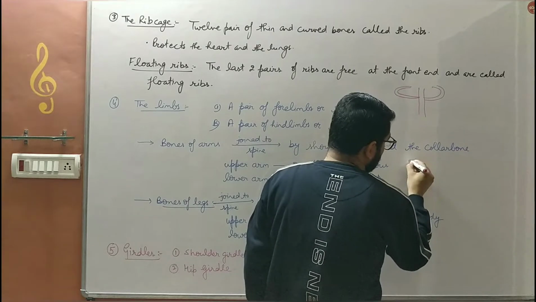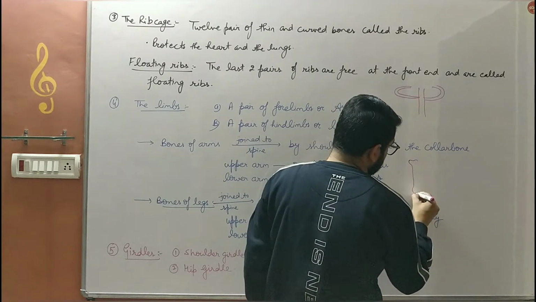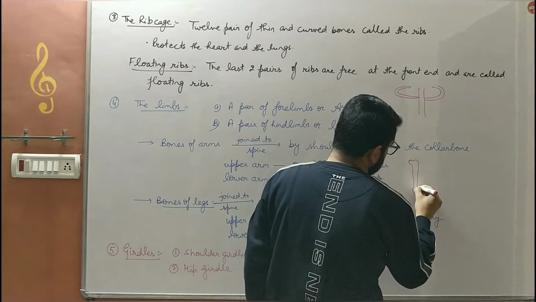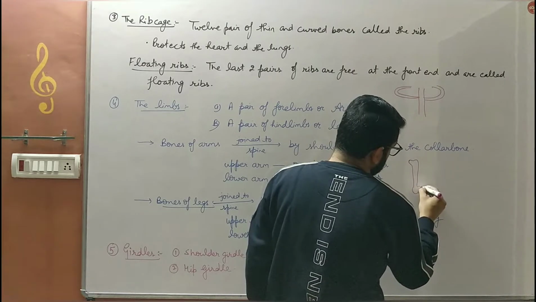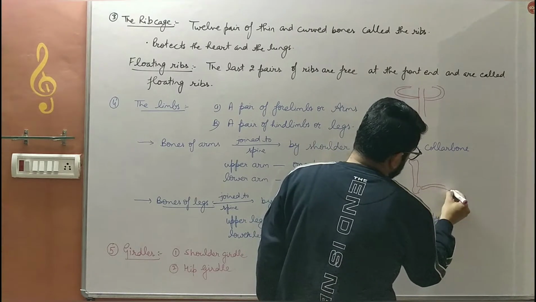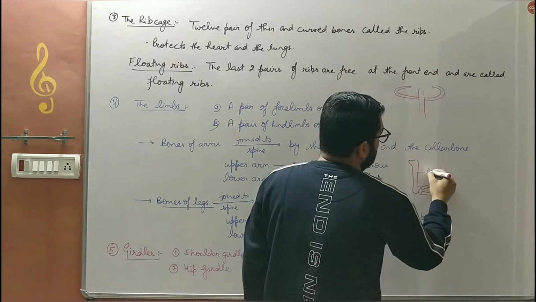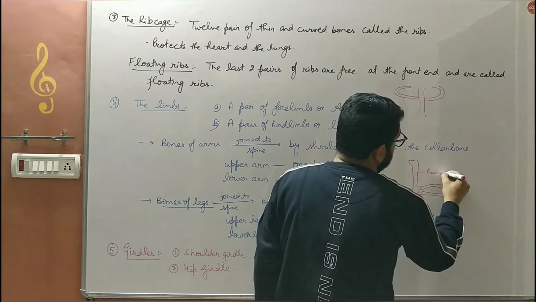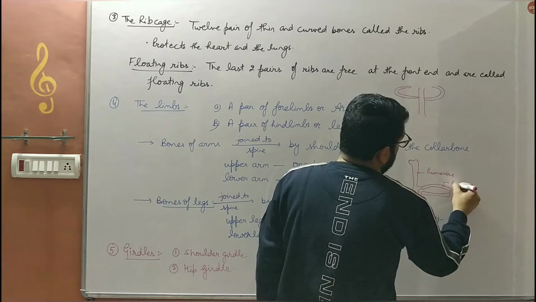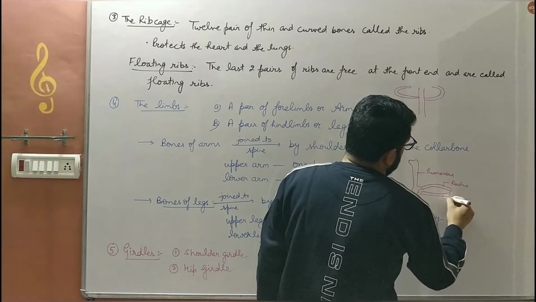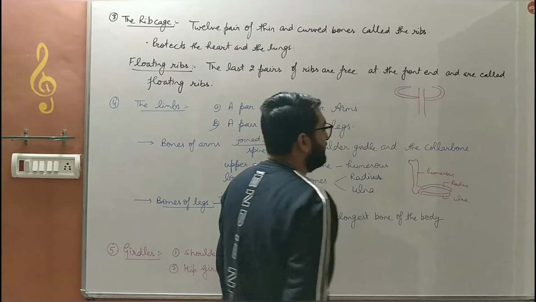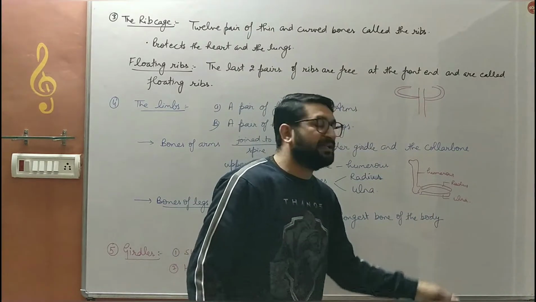कुछ इस तरह से है बेटा. अगर हम एक रफ स्केच बनाएं, this is humerus, radius, and ulna. This is the upper arm and these are the lower arm.